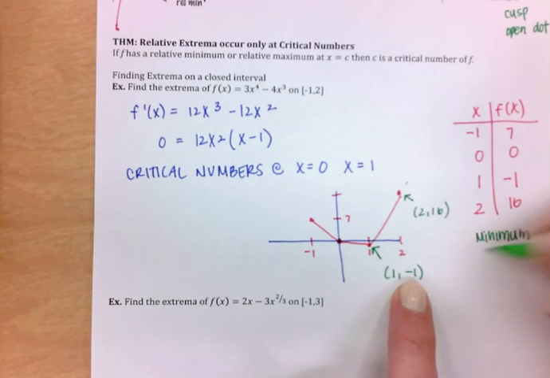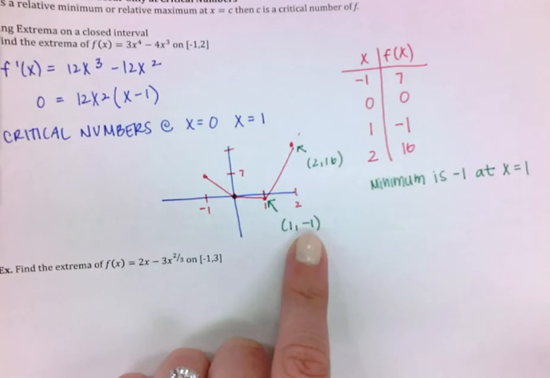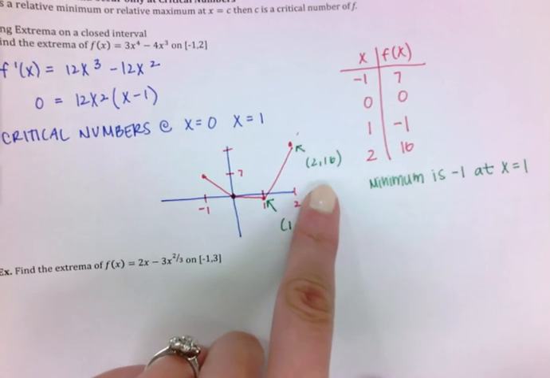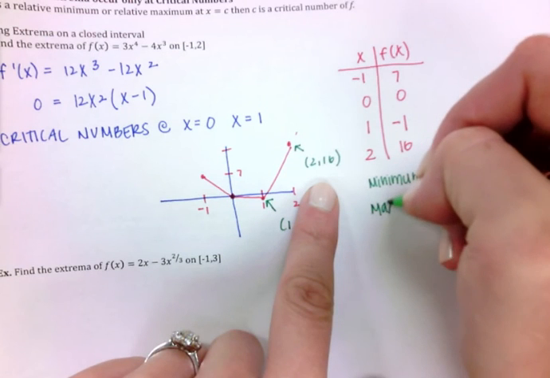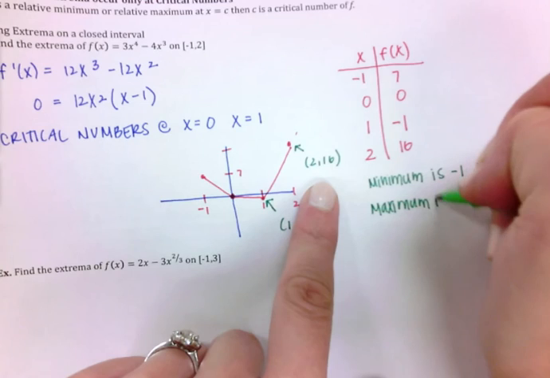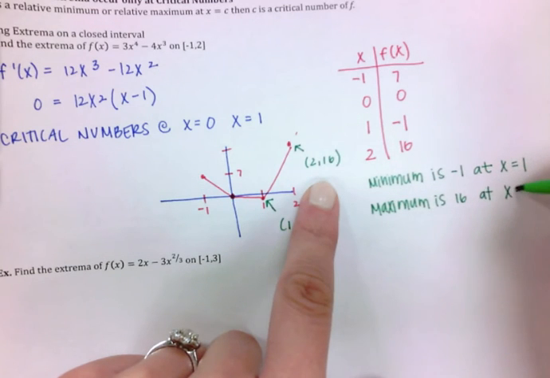The definition of the minimum is the y value. So you say the minimum is negative 1, and it is at x equals 1. That's one way I could write that. Just make sure that your minimum is a y value. Then our maximum is our y value, which is 16, and that's at x equals 2.